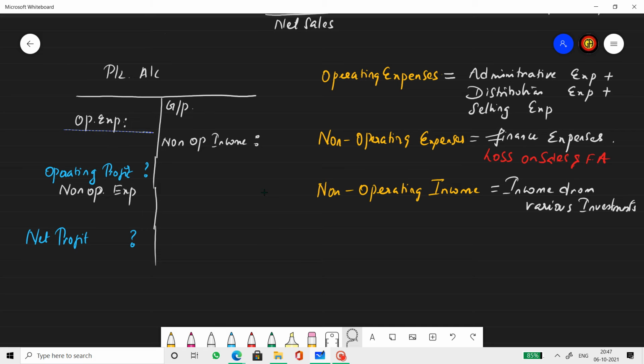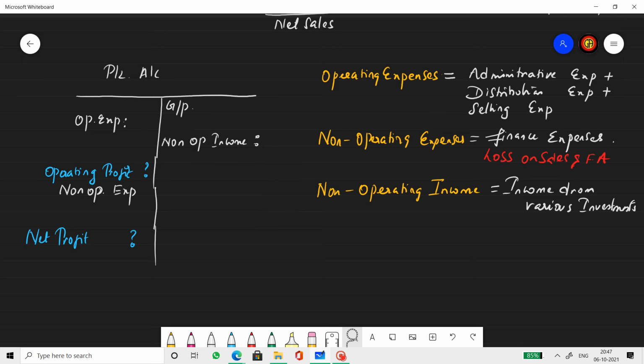GP less operating expenses will give you operating profit, or NP plus non-operating expenses minus non-operating income will give you operating profit. So operating profit can be found in two ways. GP less operating expenses, or NP add back non-operating expenses, subtract non-operating income, you get operating profit.